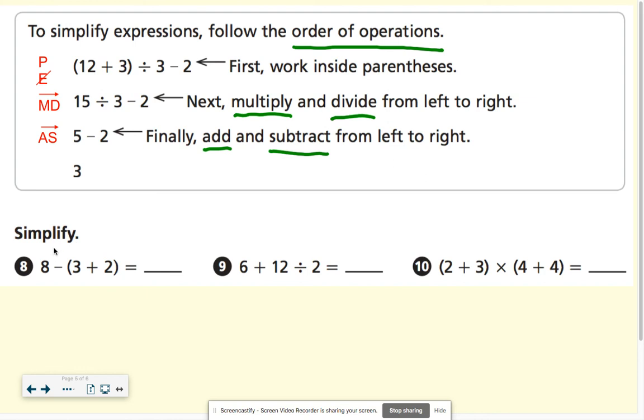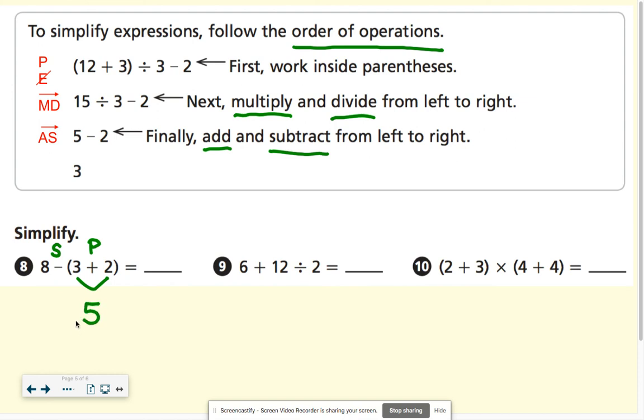What I like to do is I like to identify which of these letters I have. So this is a subtraction symbol. And then I'm hugging numbers, so that is my parenthesis. So I'm going to do my parenthesis first. I like to draw these little arrows to show I'm combining those pieces of information. Please do that.